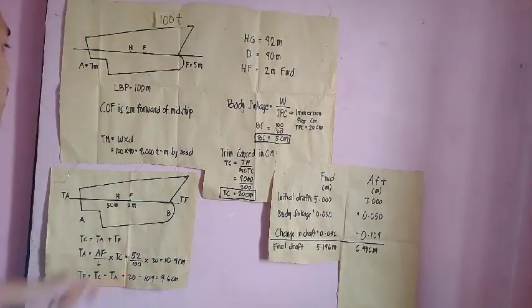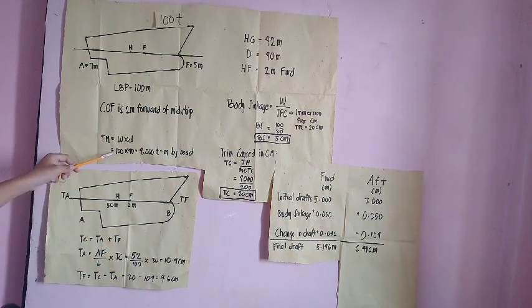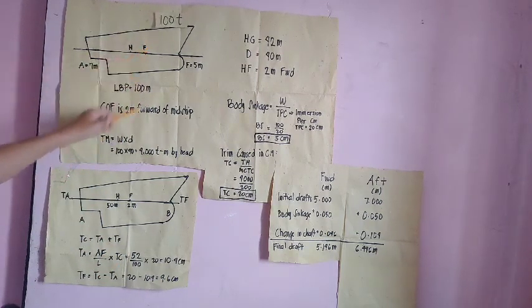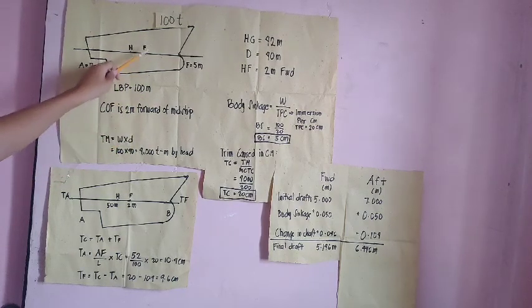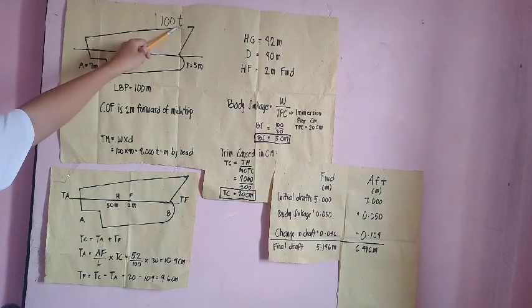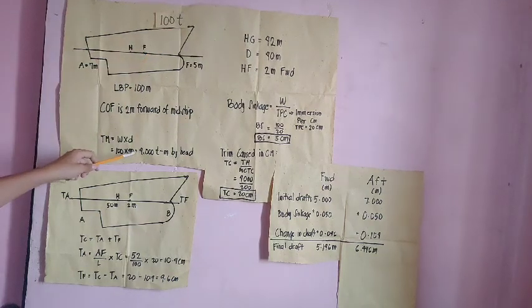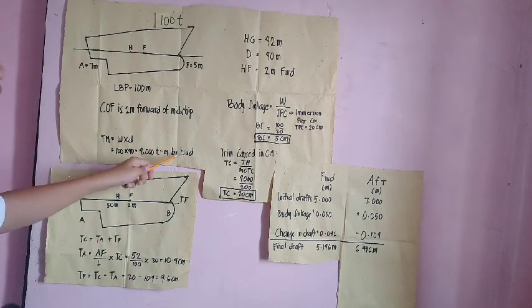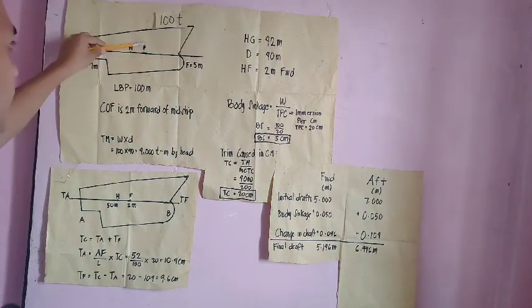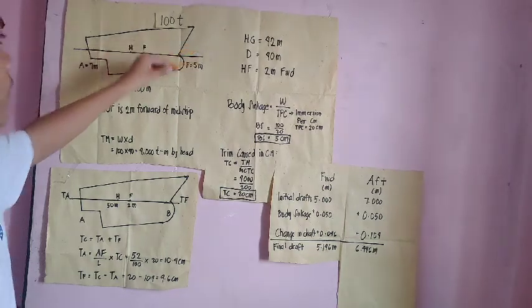So W, which is our weight, 100, times 40, our distance between center of flotation and our weight, is equal to 4,000 tons-meters by head. It's by head because it's coming here, looking in the forward direction.